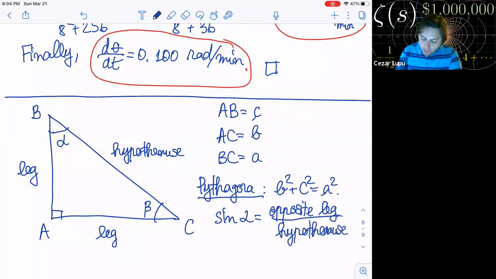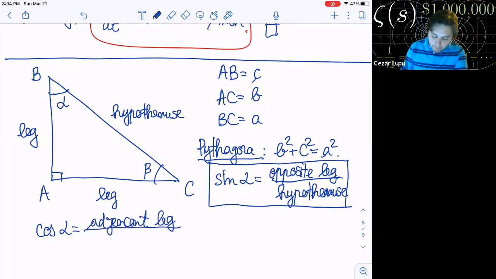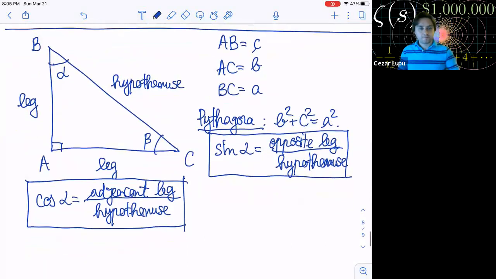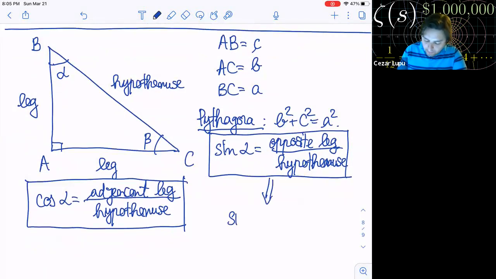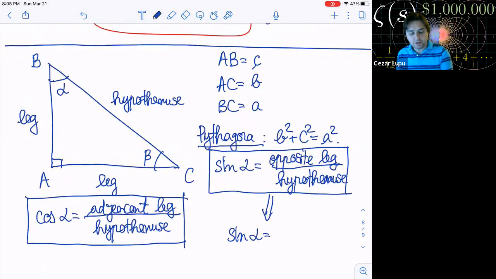And you can also write cosine of alpha is the adjacent leg over hypotenuse. You can also do the same thing for beta, but let me write it for alpha, and I think you can do it for beta by yourself. So in this case, sine of alpha, let's identify which one is the opposite leg. The opposite leg is AC, which is B. It's B over A.